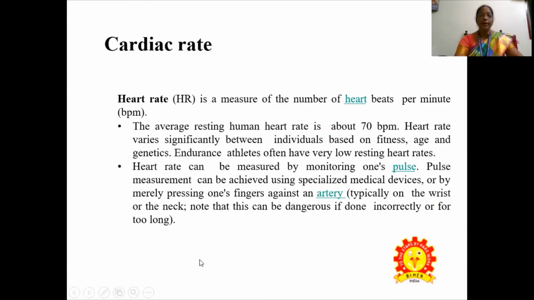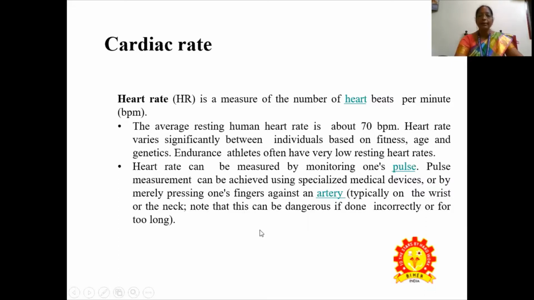Cardiac rate. The heart rate, HR, is a measure of the number of heartbeats per minute. The average resting human heart rate is about 70 beats per minute. Heart rate varies significantly between individuals based on fitness, age, and genetics. Endurance athletes often have very low resting heart rates.